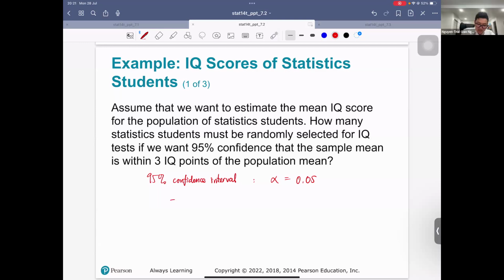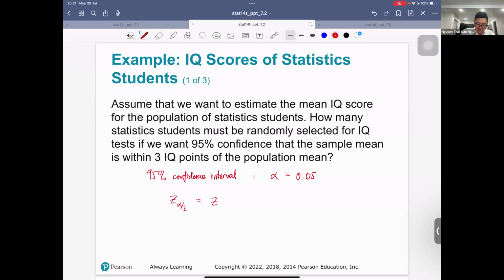So z alpha over 2, with alpha 0.05, so z 0.025 equals 1.96, right? I did this in the very first example, but I can show it on the screen here. This is from the A2 table.